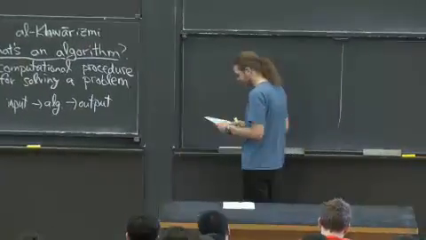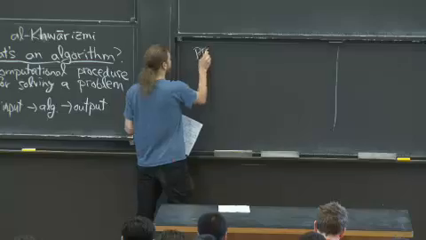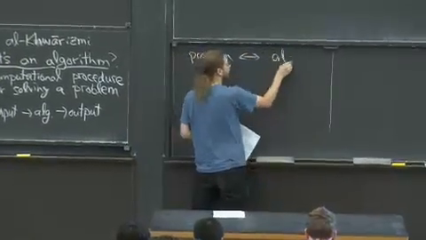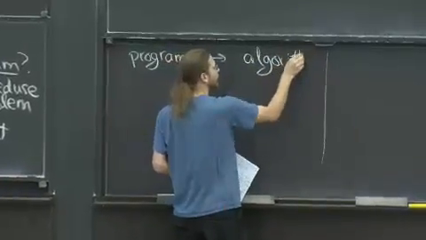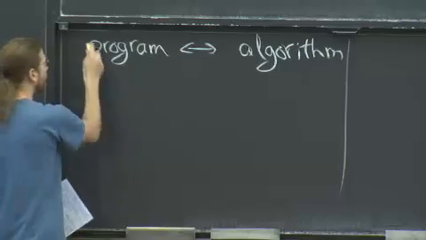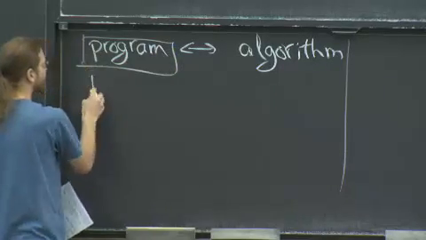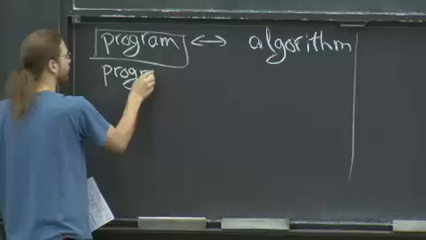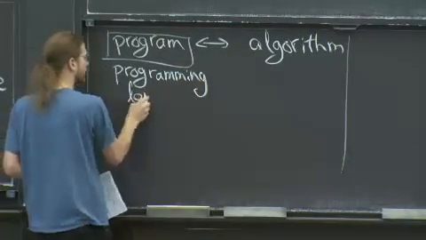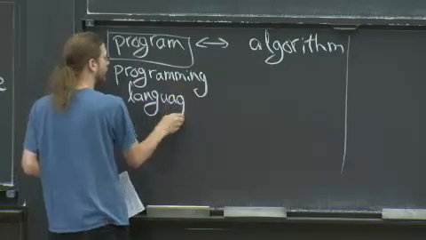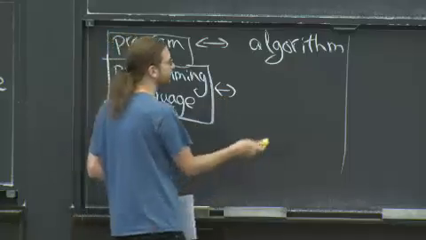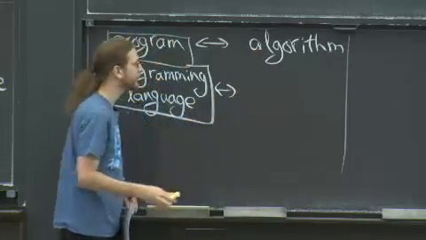Now, you can draw a picture of sort of analogs. So an algorithm is a mathematical analog of a computer program. A computer program is built on top of a programming language. It's written in a programming language. The mathematical analog of a programming language, or what do we write algorithms in?